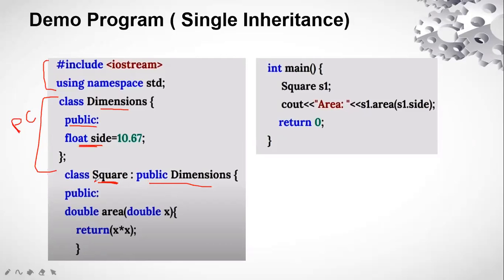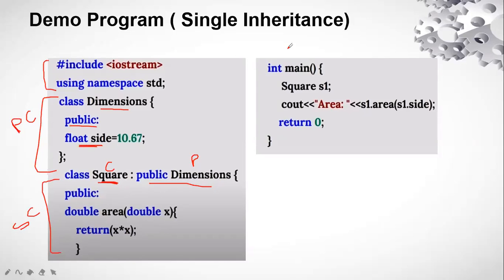So it is termed as the parent class and it is termed as the child class. This is how the syntax is defined: the name of the subclass, colon, public, and the name of the superclass. Curly braces, again access specifier public, double area, double x, curly braces, return x into x, this is simple, and curly braces. So this is the subclass.